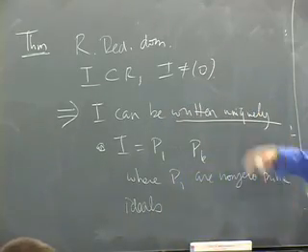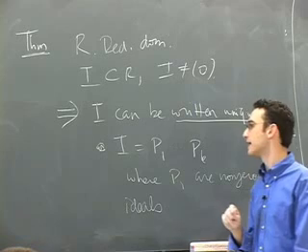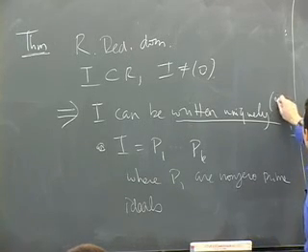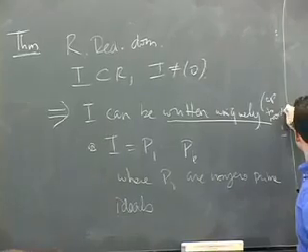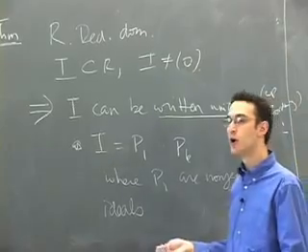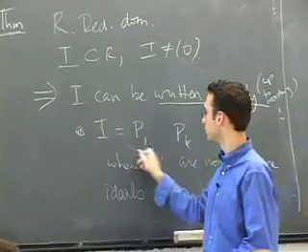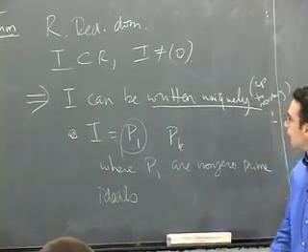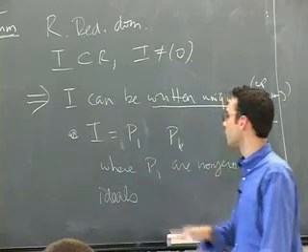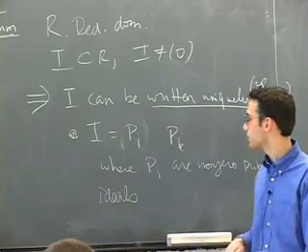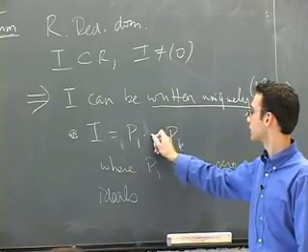I can talk about the prime ideals of R, and what this result says tells me everything about the ideal structure of this ring, because every ideal can be written uniquely up to reordering. But here it's just legitimately up to reordering. There's no additional caveat. There are no associates or anything like that. All of the theory of associates and so on is built directly into the ideal structures. So there's no need to worry about anything other than reordering. So anything can be written uniquely as a product of these primes. This is a very, very nice result.